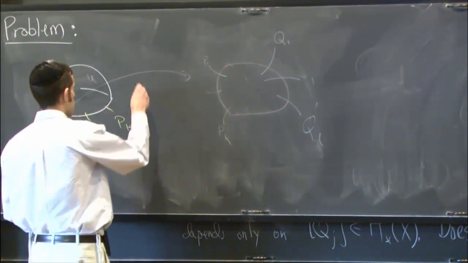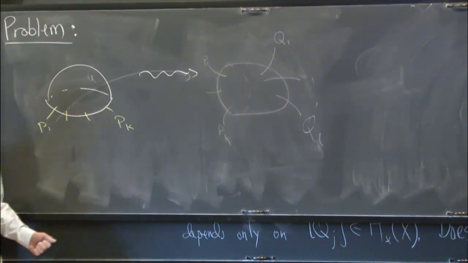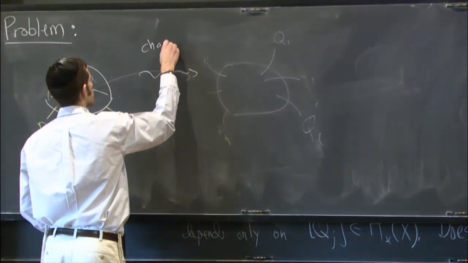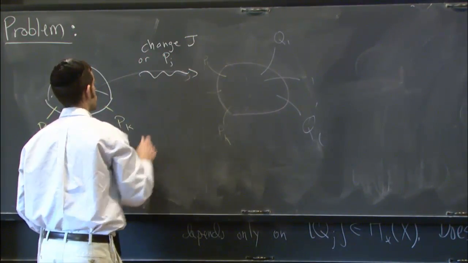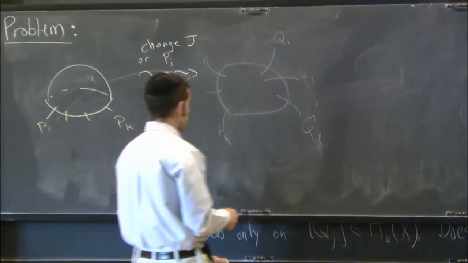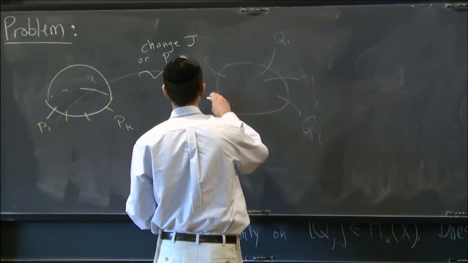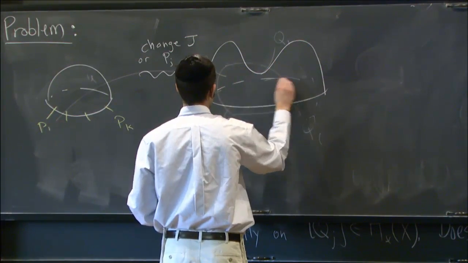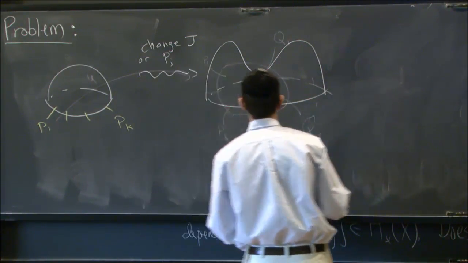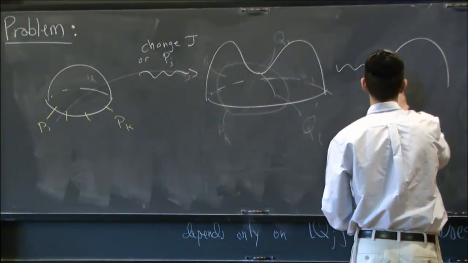And then we can change one of these constraints, or change J. And then this disk can start to bubble, start to pinch, and then continue changing, and it will develop a node.